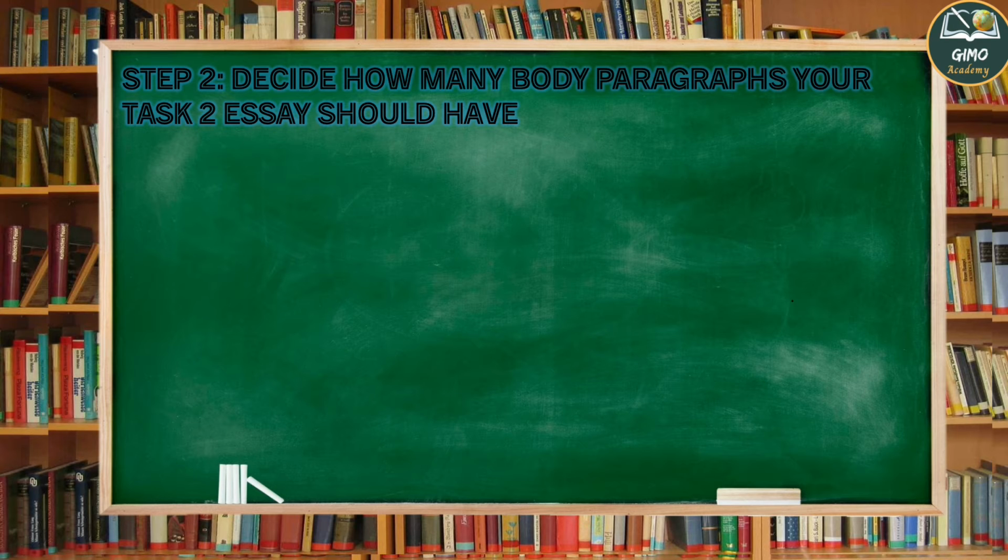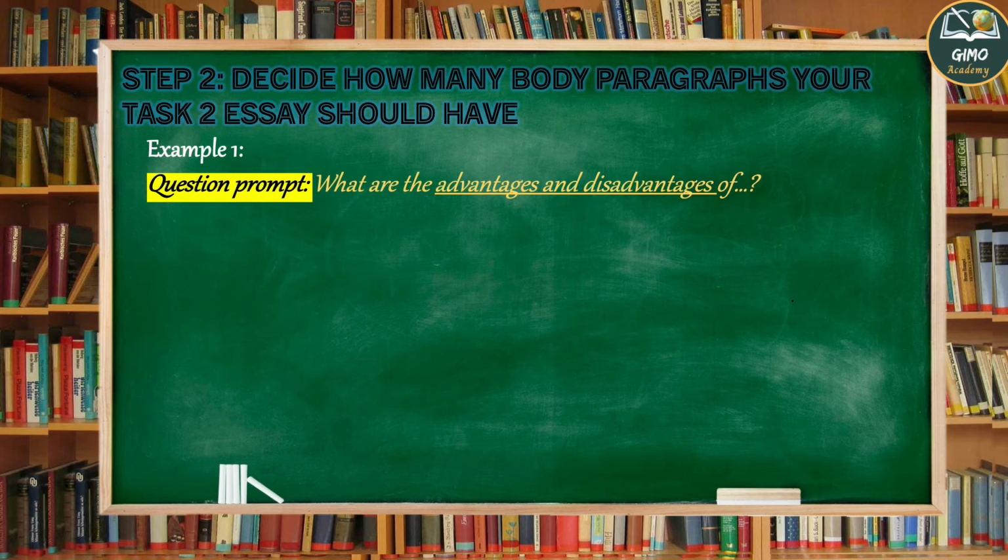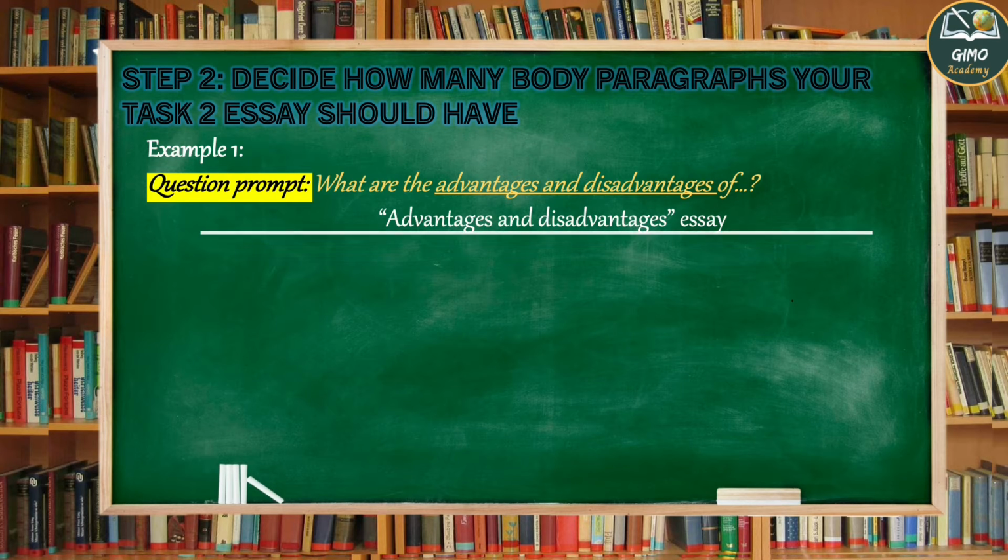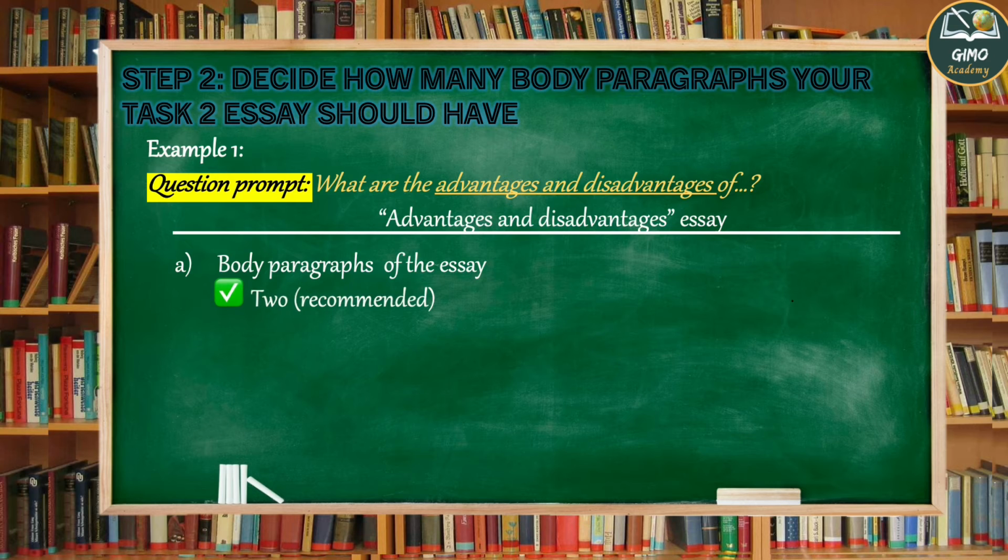In this step, you must decide the number of body paragraphs you will write in your essay. Let's look at some examples. This is the question prompt of the advantage and disadvantage essay. So, in the advantage and disadvantage essay, you should write at least 2 body paragraphs.